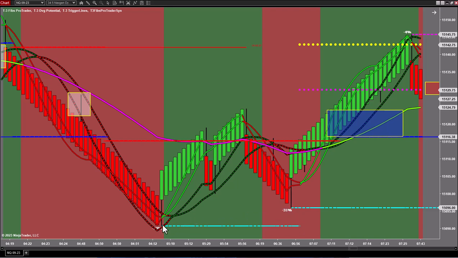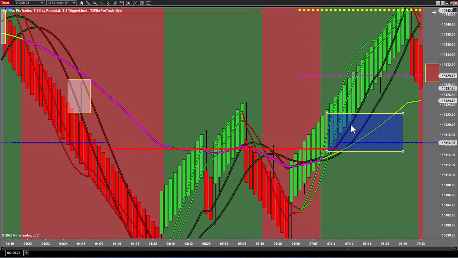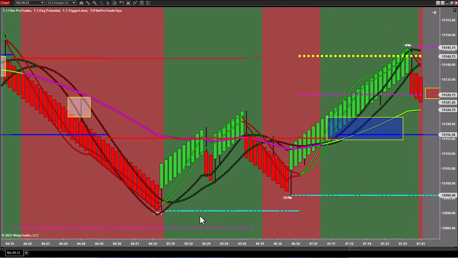So lower divergence and then a higher pivot divergence with a subsequent breakout of Fibonacci resistance with strong triggers. So that's a really good look for us, going all the way back to these two divergences. So at this box, that's when these two divergences become very powerful.